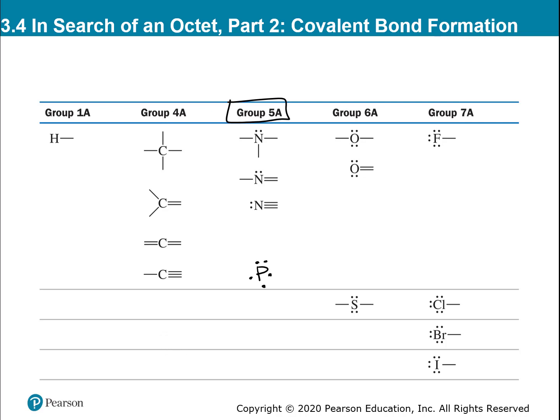So when you look at this, do you see that in all of these combinations, nitrogen has 1 pair of electrons that are non-bonding that belong to the nitrogen, and it's going to share 3 pairs of electrons in some combination. Phosphorus can do the same thing. So phosphorus could end up with 3 singles, or a double and a single, or even a triple.